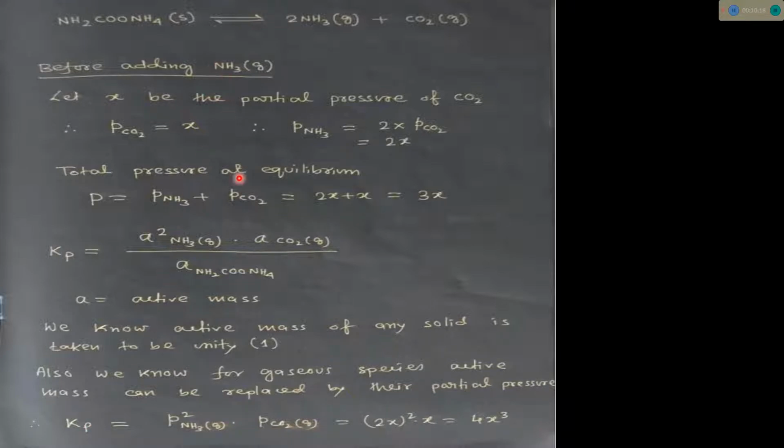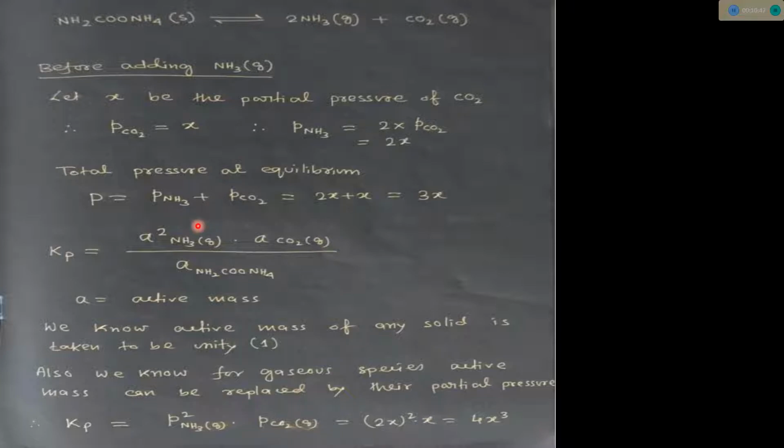This calculation is before adding NH3 gas from outside. We are just considering the equilibrium in a closed container and calculating the partial pressure of each gas. Since 1 mole of CO2 and 2 moles of ammonia are present, if P of CO2 is x, then P of NH3 becomes 2x. Total pressure means only these two gaseous species are present in the reaction mixture; the other is solid.